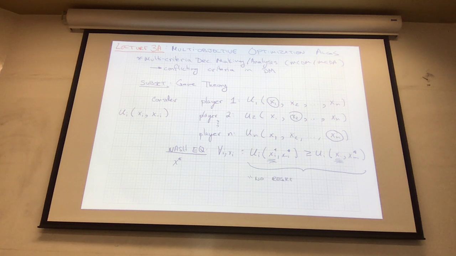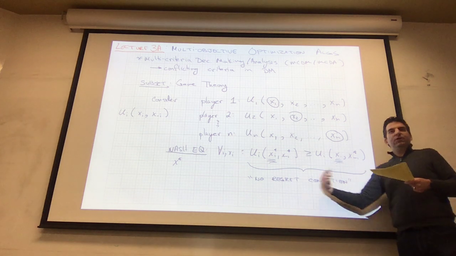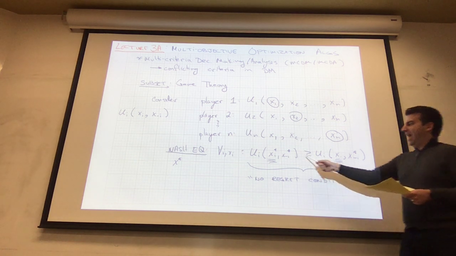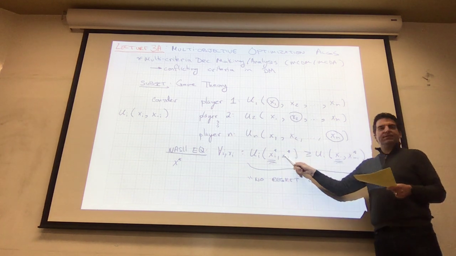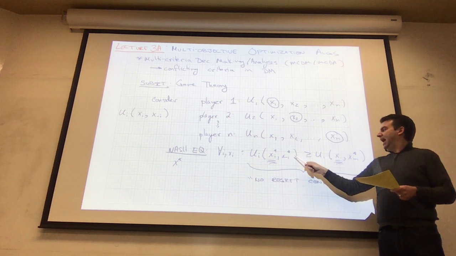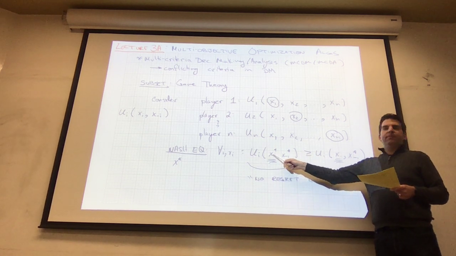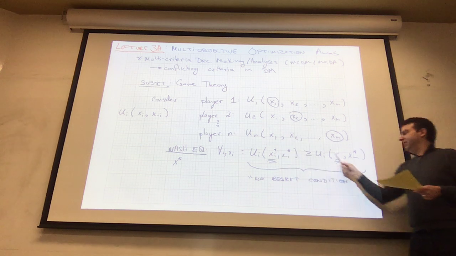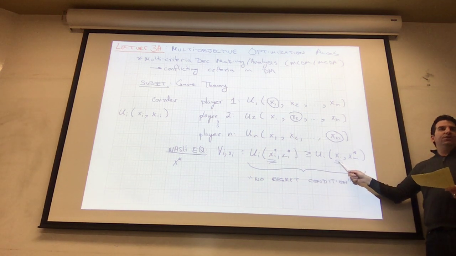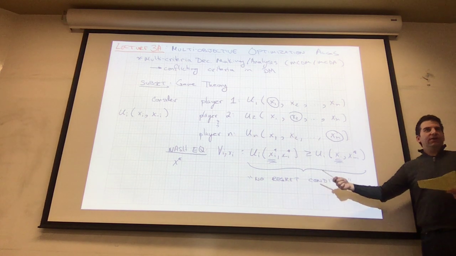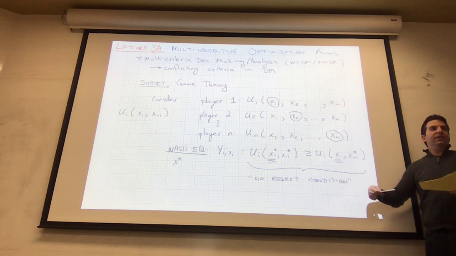So I'm not using regret in the sort of multi-arm bandit sense for those of you in machine learning, but it's just a more general idea that if I'm at the equilibrium, and everyone else stays at the equilibrium, I will not regret keeping my choice. There won't be another nearby choice that I can make that will end up doing better, so long as everyone else keeps doing what they're doing.